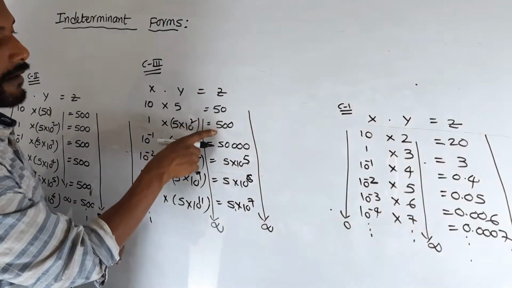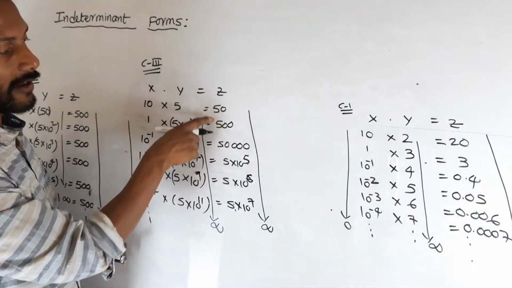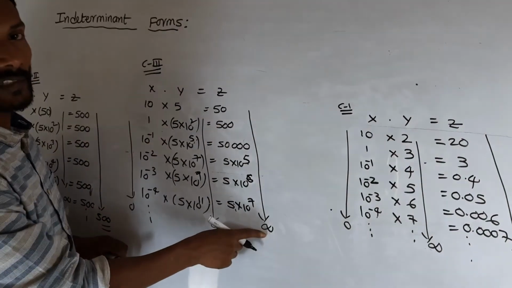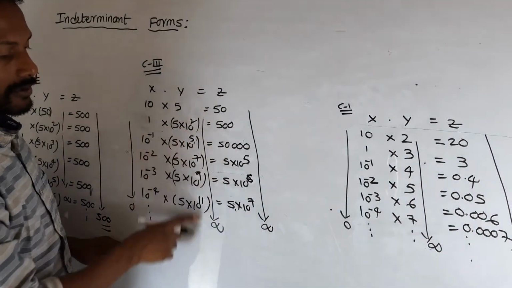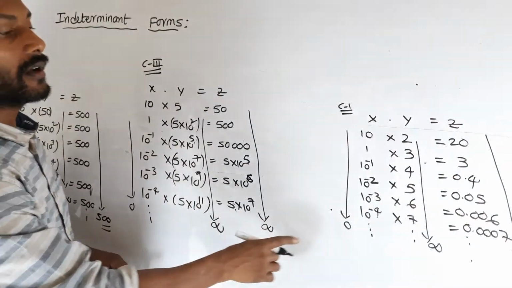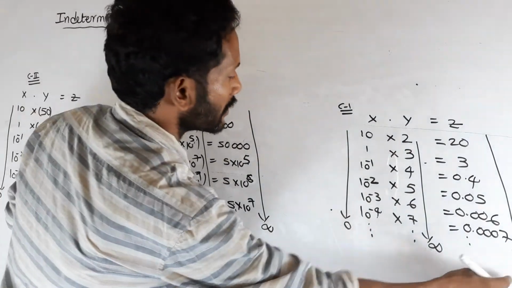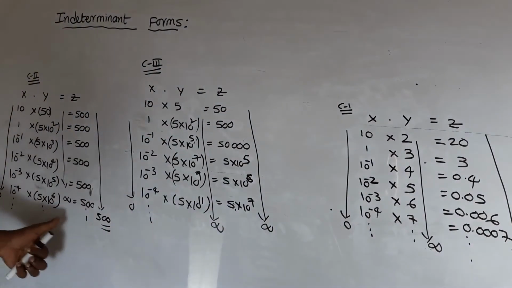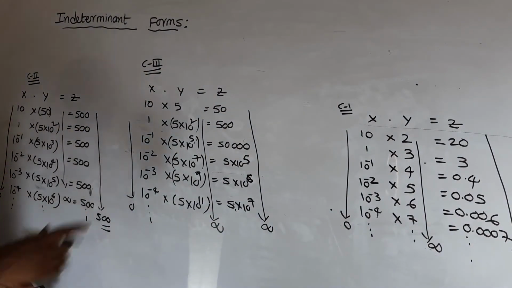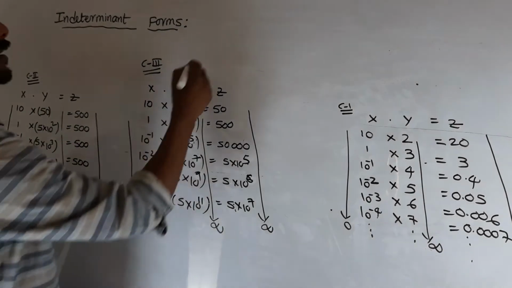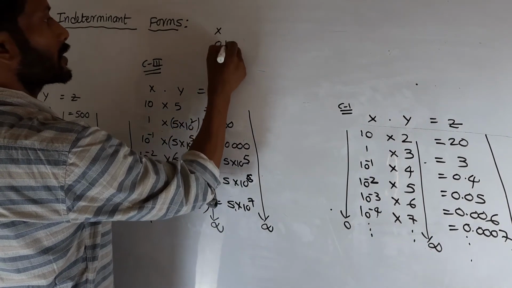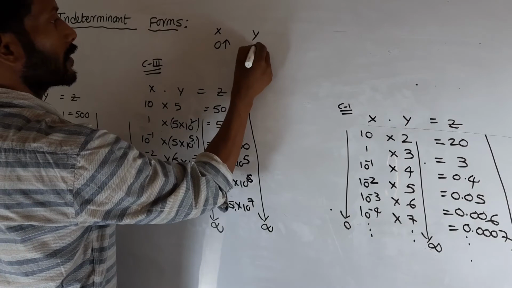So 50, 500, 5000, value increase అవుతుంది, up to closer to infinity. 0 into infinity is 0, 0 into infinity is infinity, 0 into infinity is a finite number. So in 3 cases, x approaches 0, y approaches infinity.